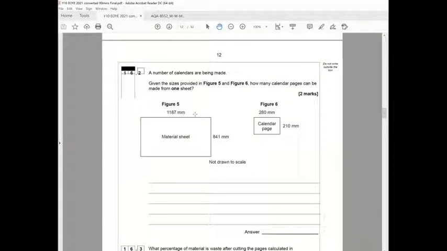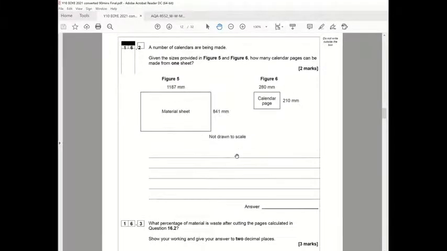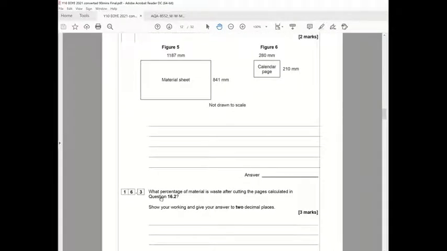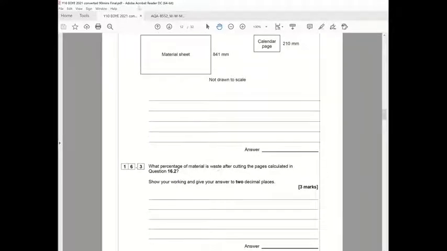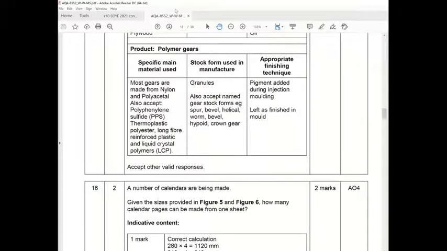A number of calendars are being made given the sizes provided in figure 5 and 6. How many calendar pages can be made from one sheet? I think it was 16. And then, what percentage of material is waste after cutting the pages? So I think you've got to work out how much material is left and then divide it by the total. Let's have a look.